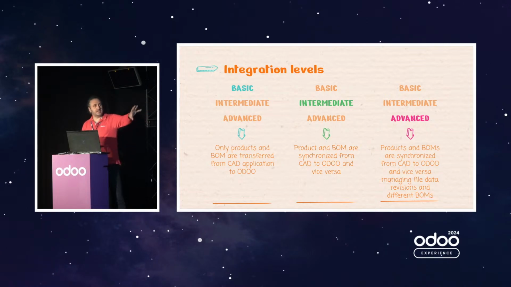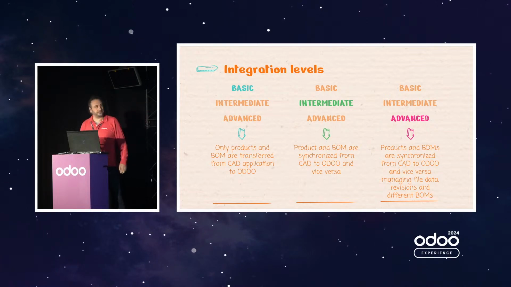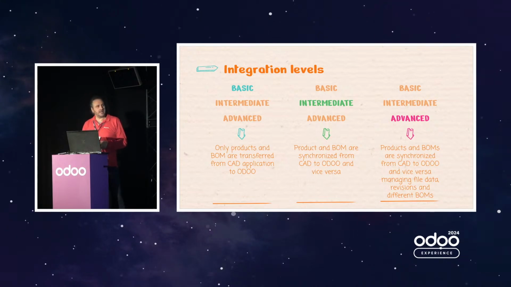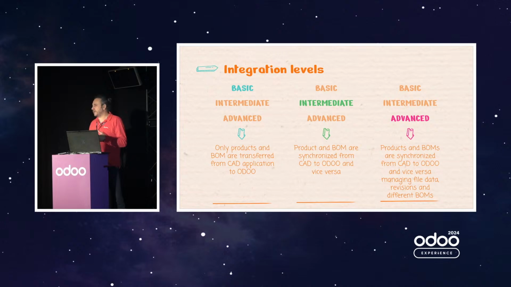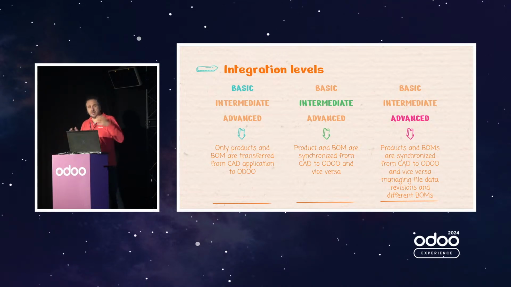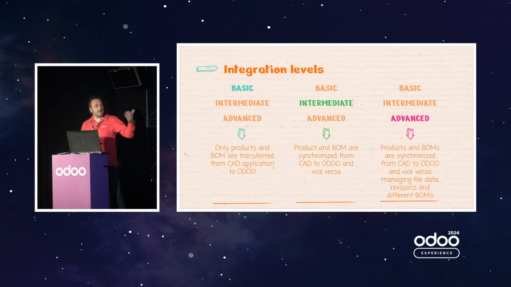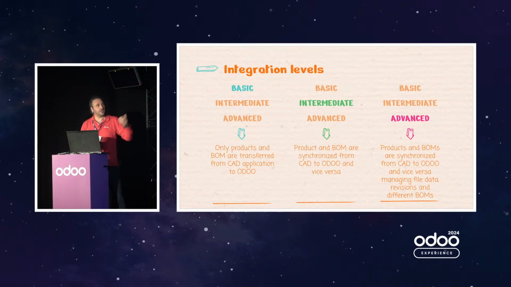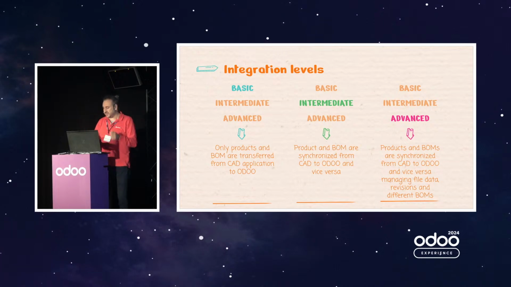And this will be the most advanced system. With this most advanced system, you don't need a PLM system inside your company anymore. You can have your CAD application, your Odoo application, and that's it. In that case, you have a very, very full integration between the two systems.